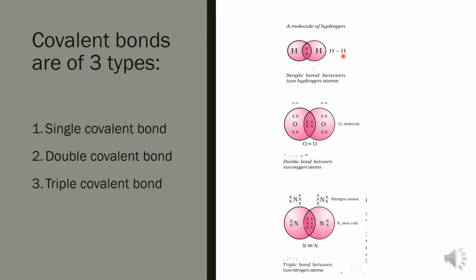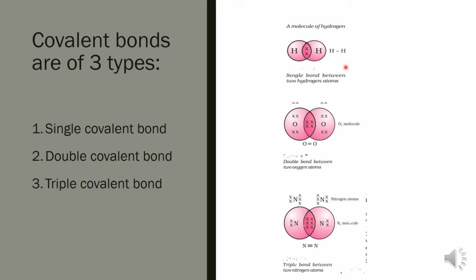And this H dash H means hydrogen is bonded with another hydrogen atom with a single covalent bond, and the single covalent bond is represented by this single dash. This single dash means from this atom one electron and from that atom one electron is shared, and the electron pair formed after sharing belongs to both the atoms equally.